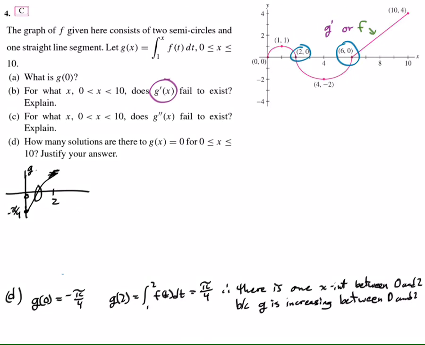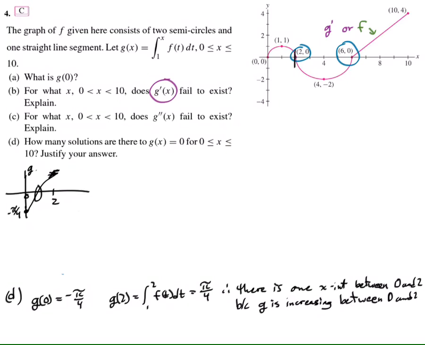Now I don't have to state this again, the negative pi over 4 and the positive pi over 4, because it's kind of implied. And whenever you have justify, that means they're also looking at your work to see if you understand what you got. Okay, now we have other intervals to check.